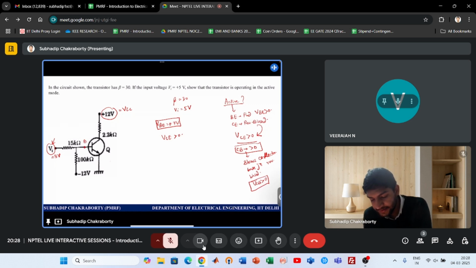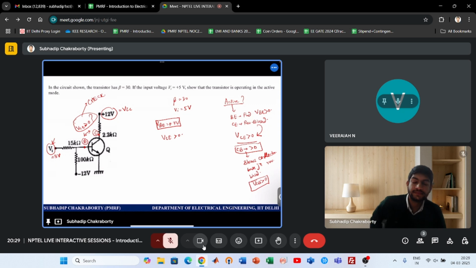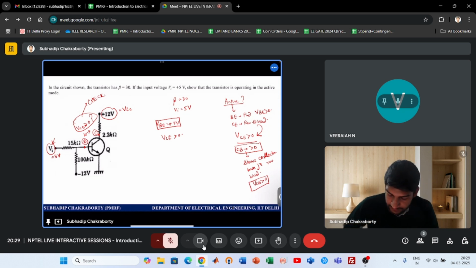This is B, this is C. So show that the difference of these two voltages is positive. This you need to check actually. Can you do? So what is VB? This voltage. VI.